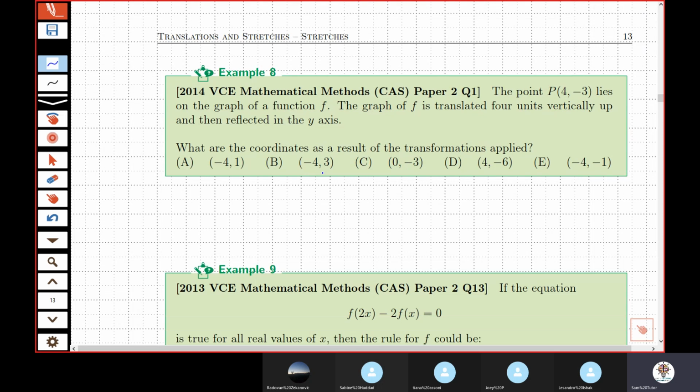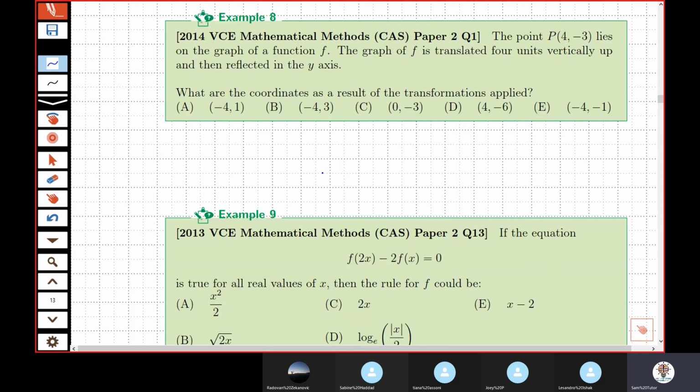Done. So here's an exam question that you would see in your exams. Whoever's got exams, this is pretty much the style of questions you'll get. The point P, 4 and negative 3, lies on the graph of a function.